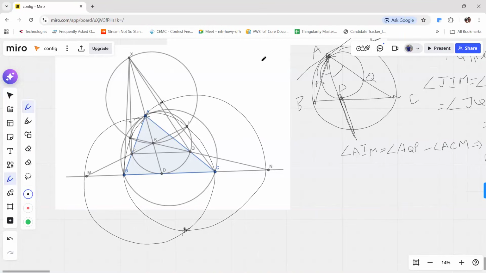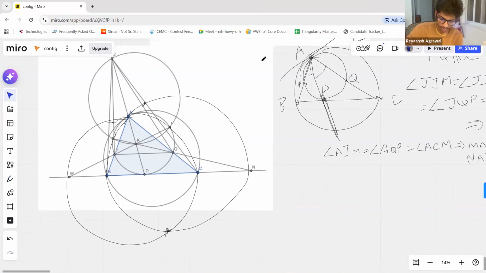X center. Okay, sure. Any other point that's already drawn in the diagram? D lies. Sure. Can you prove that? MB is equal to MD. So the power of D with respect to the right circle is DB into DN, that is 2 into DB into DC, and with the left circle it's DM into DC, that's 2 into DB into DC, both the same. Precisely.